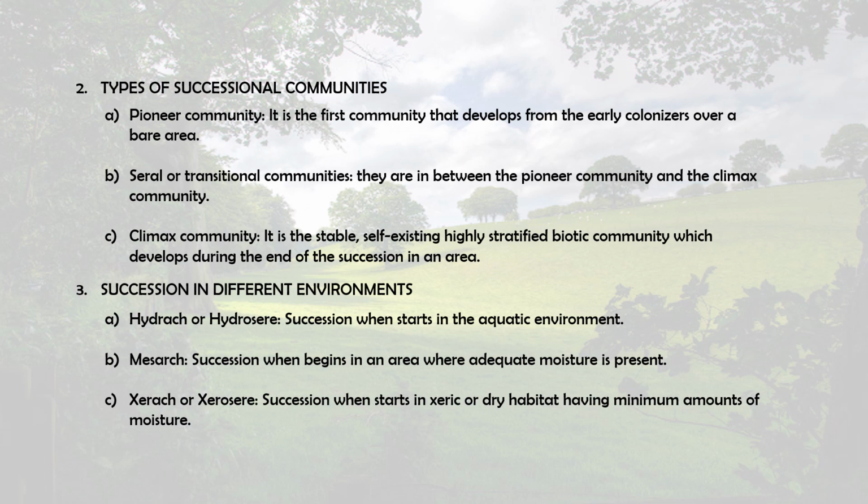Next one is sere or transitional communities. They are actually the in-between species of pioneer and climax community, and they actually slowly build up the soil and help increase the biodiversity of the area.